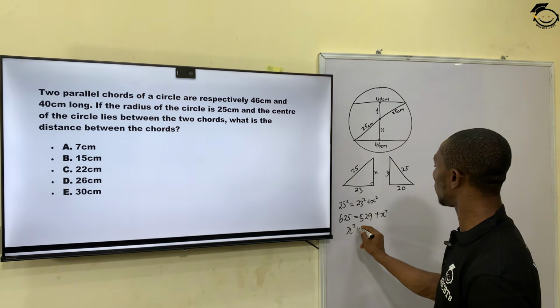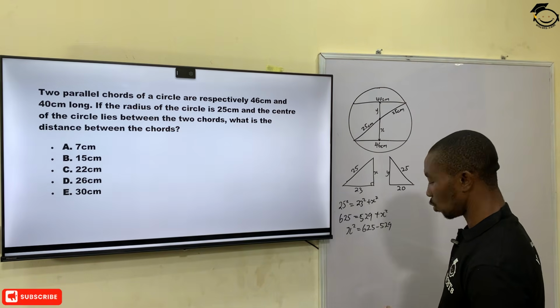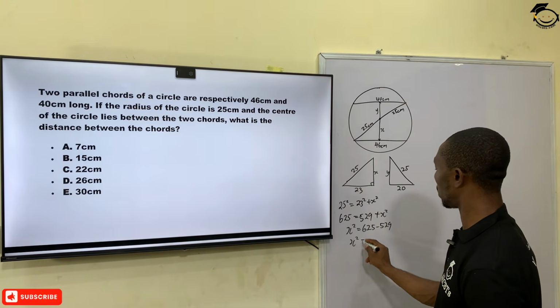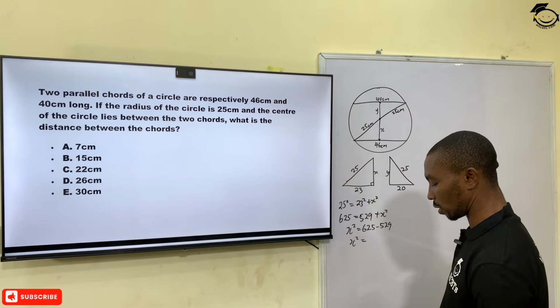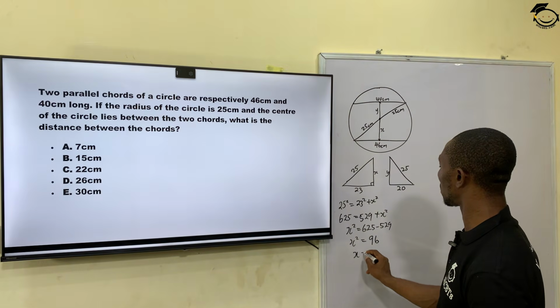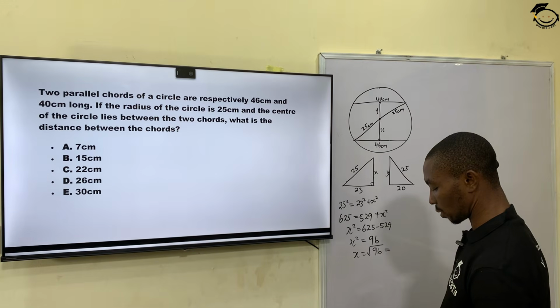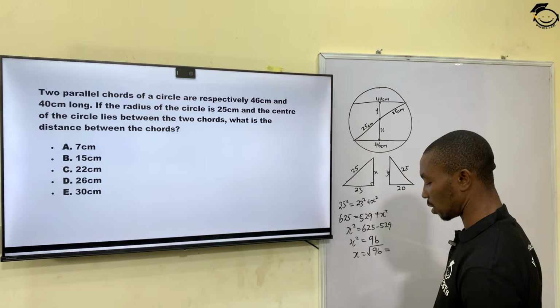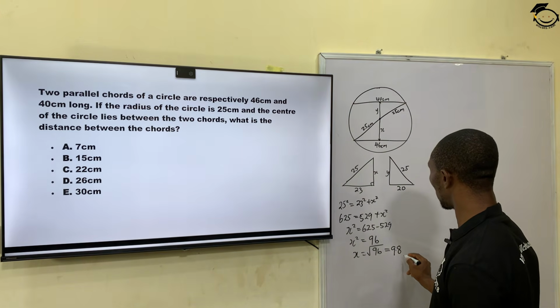So x squared equals 625 minus 529, which will leave us with x squared equals 96. So our x equals root of 96, which leaves us with approximately 9.8 centimeters.